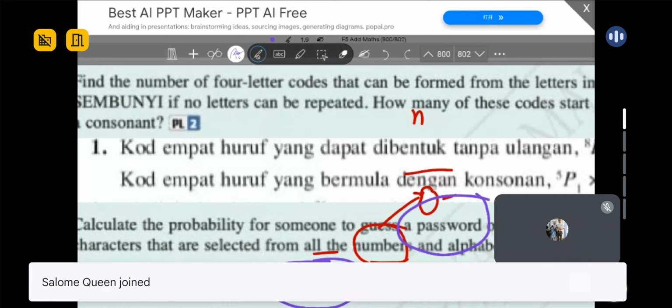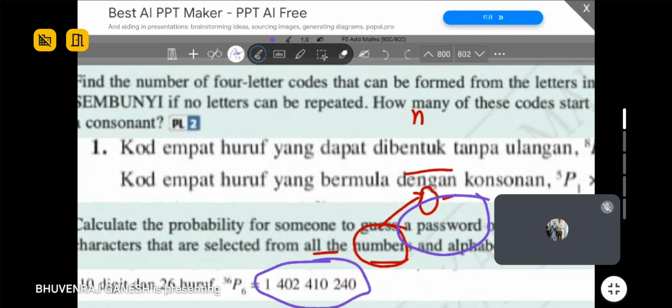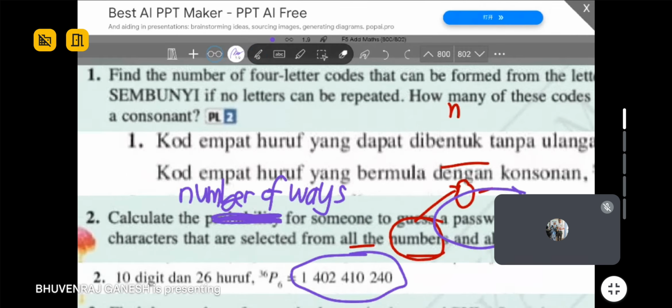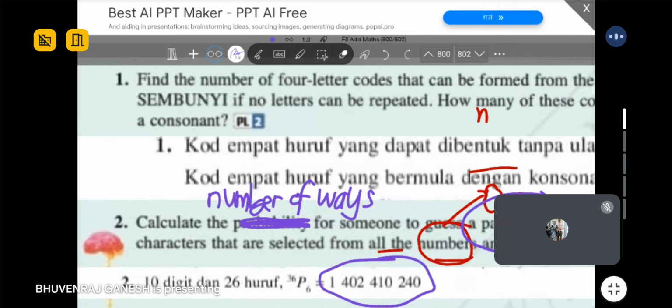This is the number of ways. Okay, because probability is not this one. Dia tak sama. Okay, so this one is wrong. You just change it to number of ways. Bilangan cara. Okay, so yeah. Clear, guys? Can you all get it? Any problems so far? Should be none, right?